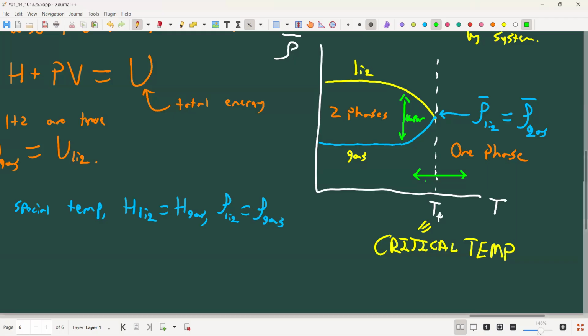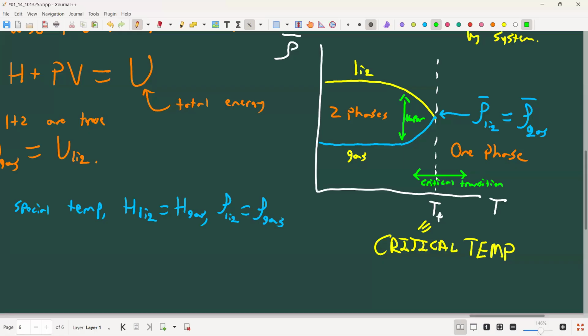This is called the critical transition. So we have a vapor transition and a critical transition. The vapor transition requires energy, and it transitions between two distinct states of different density and energy. And then we have this critical transition that takes a system that's initially of two states and transitions into one.